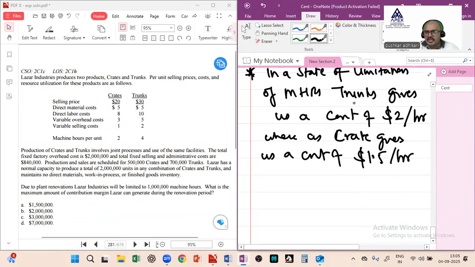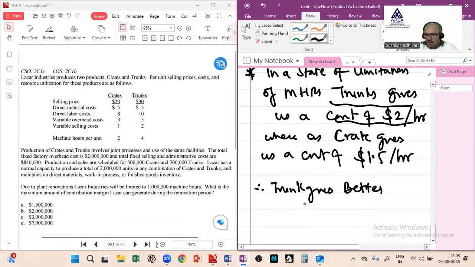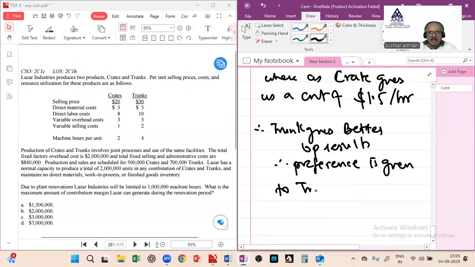So obviously trunk gives us a better and higher contribution. Therefore, trunk gives better operating results. Therefore, preference is given to whom? Preference is given to trunks.